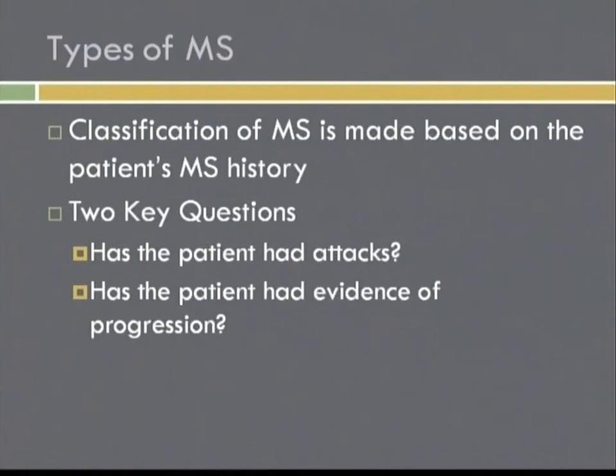And so that's one of the very important reasons why we need to have patients accurately categorized. It's really for trials. And then the second reason is for an individual patient, it does help the physician think about what treatment course to take. But we're not big on giving people a label of this is what kind of MS you have. It's all MS. But it's important to understand how these categories were developed.